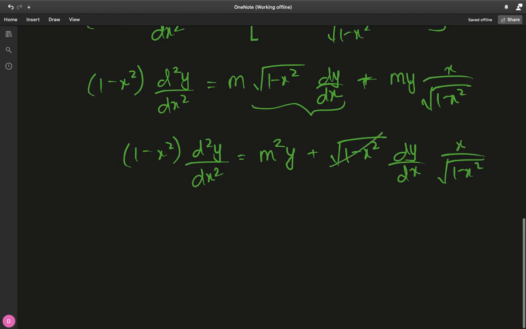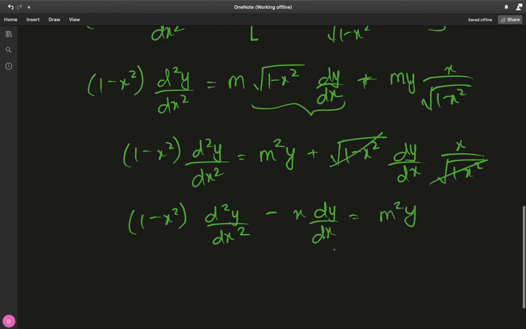Best part, these cancel out, so we have 1 minus x squared times d2y over dx squared, take that on that side, minus x times dy over dx is nothing but m squared y, hence proved.